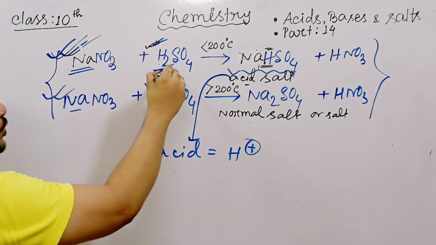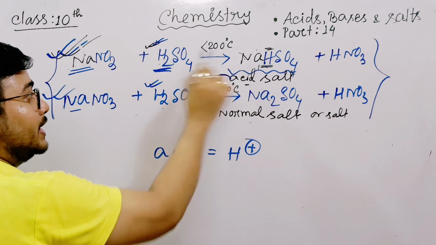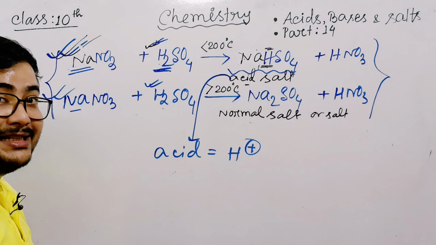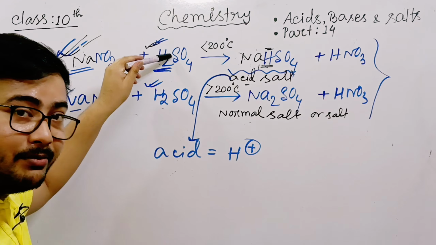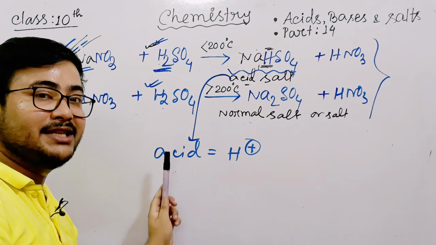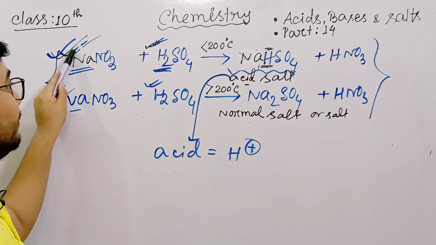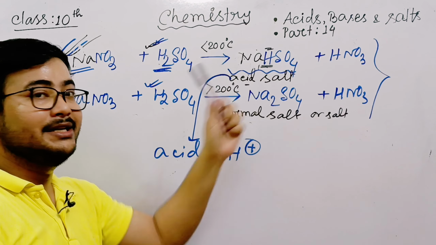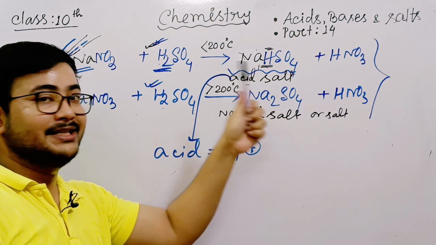How many H here? 2. Sodium replaces 1, so 1 is left and 1 vanishes, replaced by the sodium. Since sodium replaces hydrogen, and hydrogen means acid, that is why it is called an acidic salt.